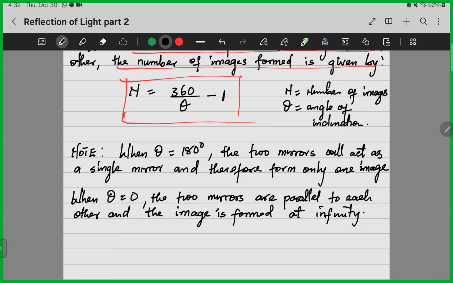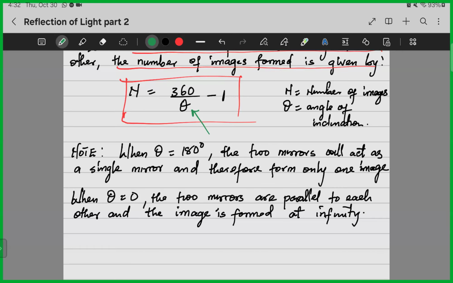Get that point by even simple algebra. If you put in 0, normally anything divided by 0 gives us infinity. So the idea from there is very clear. Put in theta as 0, the image will be formed at infinity. So just keep that one in mind.